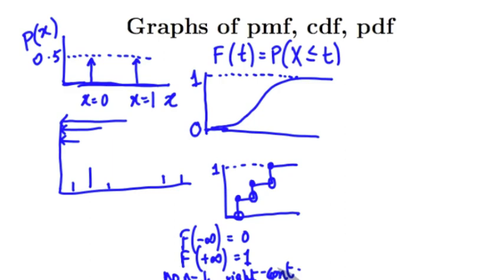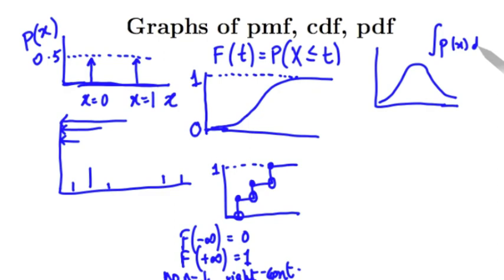Now the PDF is the continuous version of what's going on here. Here's an example of a PDF. Just the same way as a PMF has to sum to 1, a PDF has to integrate to 1. So you'll often see people writing the integral of p(x) dx is equal to 1.